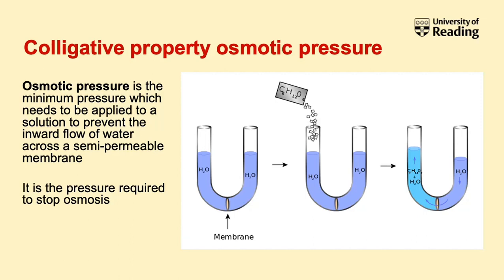If you think about osmosis as the movement of water from an area of high concentration of water to an area of low concentration of water, what pressure would you have to put on the membrane to stop osmosis from occurring? And that is the osmotic pressure.